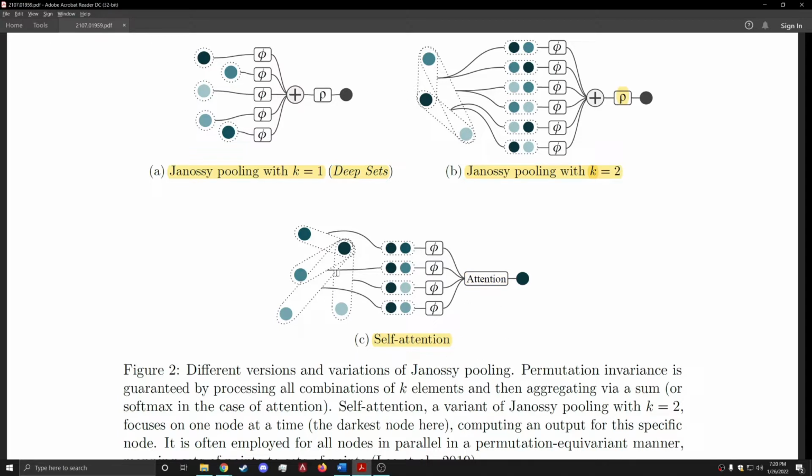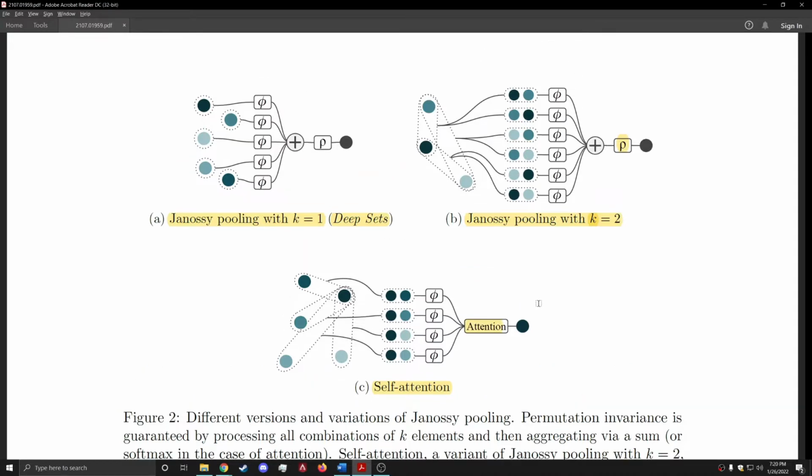Of course, with an attention mechanism, you move from one to the next, to the next, so it's not as easy as it immediately looks. But this is a really smart way to have k equals 2 Janossy pooling in a computationally efficient manner. And that's where we get the attention mechanism from. It's super popular, we've all heard of it for a reason.